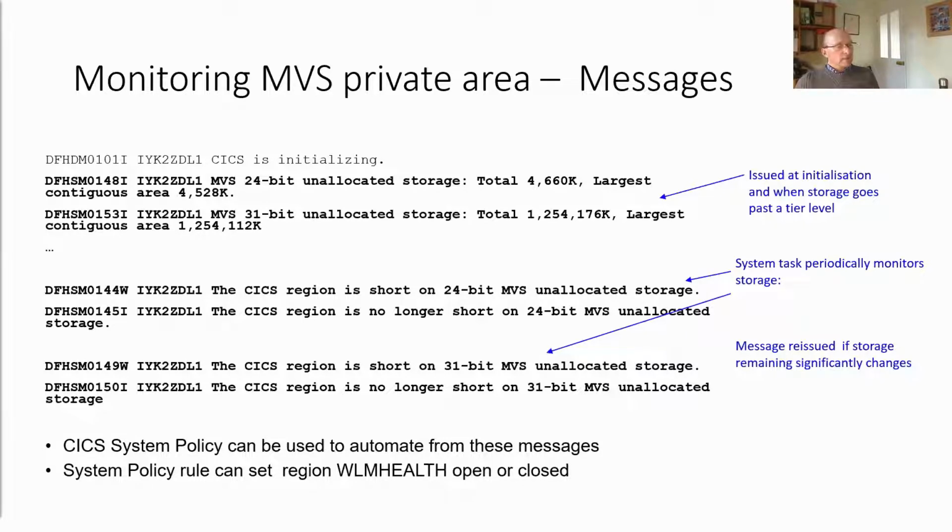And because these are all SM message numbers, you can use a system policy to automate from these messages, and the system policy could set the region WLM health, for instance, open or close, to say the region is not healthy. So these will be very useful if using Java in CICS, particularly for monitoring 31-bit storage, which can be an area of contention for customers using Java in CICS.